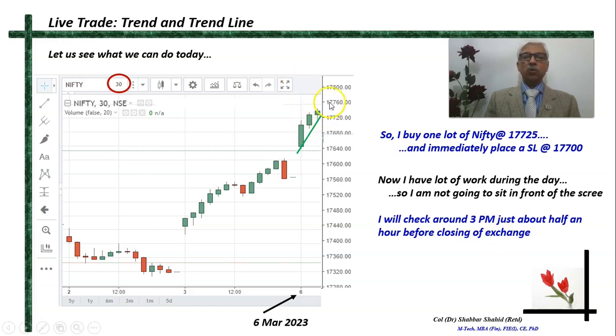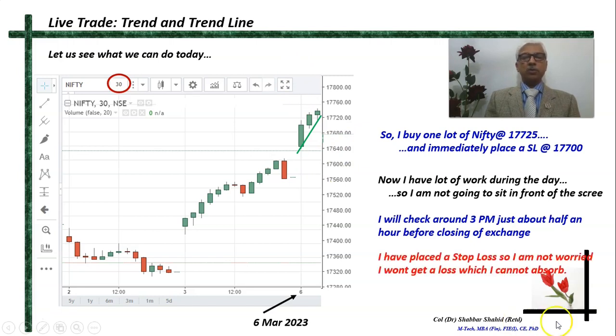If the thing goes up, I will be in a profit, and just in case it goes down, which as of now I think it is unlikely because it is showing a positive trend. But unfortunately, if it goes down, then my stop loss would get triggered and I will sustain a small loss. All right. So since I have placed a stop loss, I am not worried. Let's have a break now, and we will meet at somewhere around 3 o'clock in the afternoon. Okay.